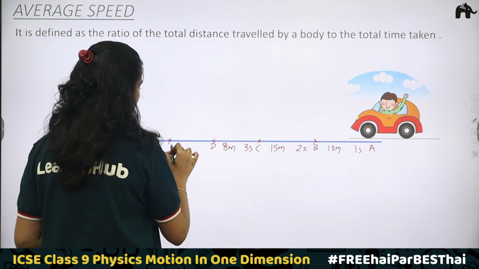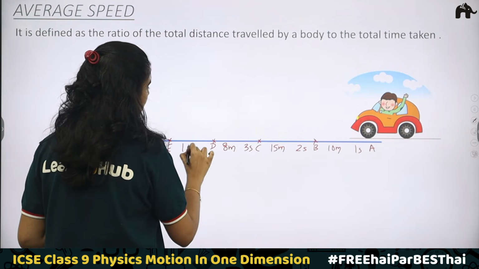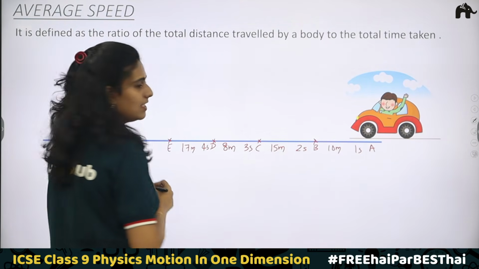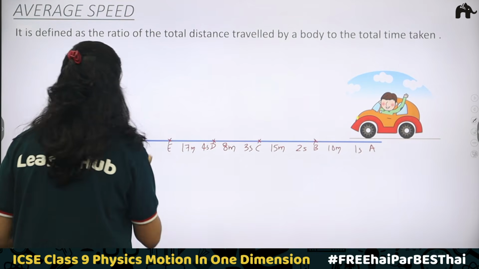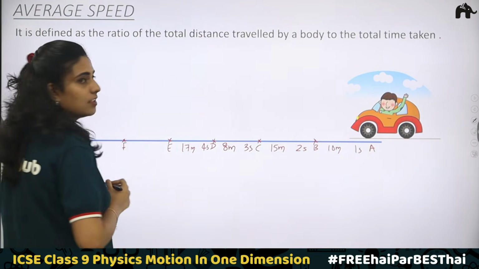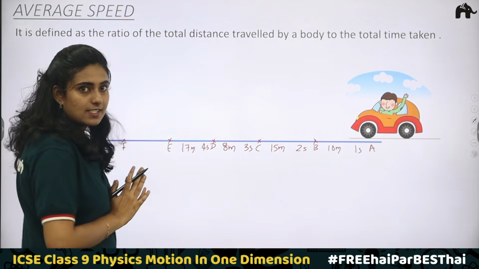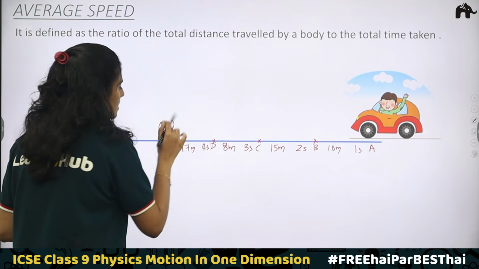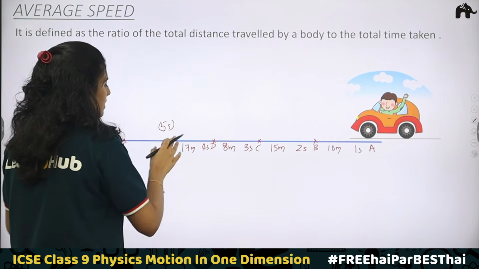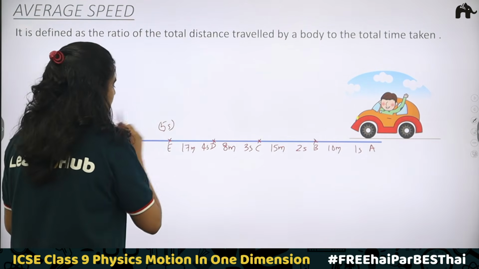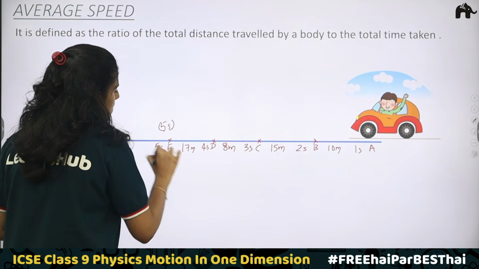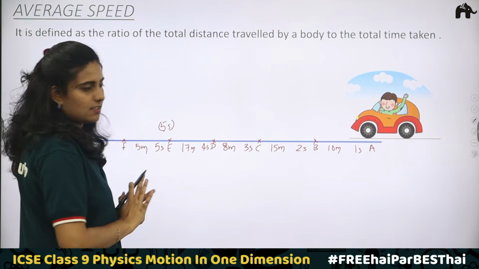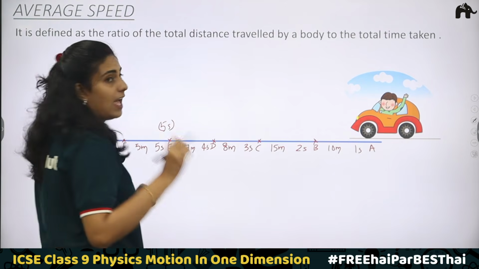Next, D to E, he travels 17 meters in 4 seconds. At E, for 5 seconds, he is not travelling; he is applying brakes and is at rest. Then in the next 5 seconds, he travels a 5 meter distance. So here I will be calculating the average speed.